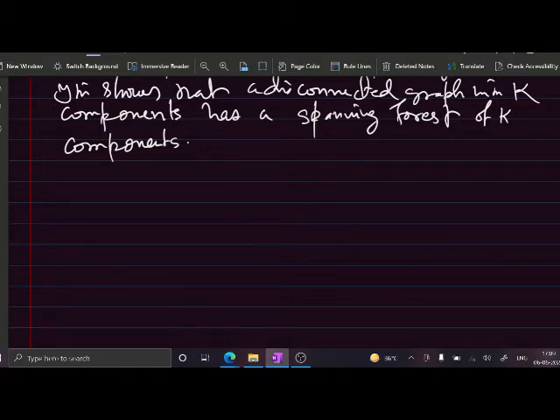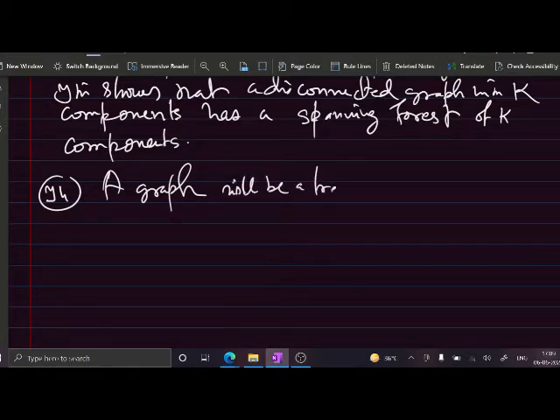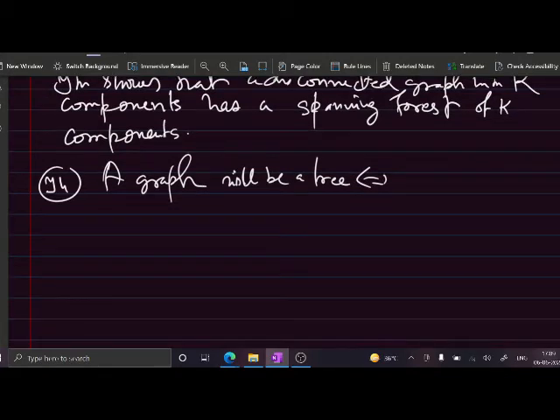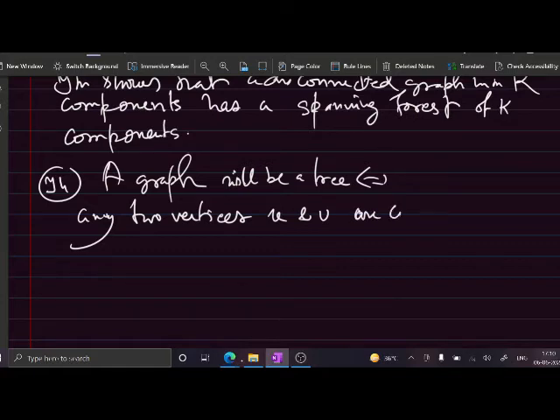There must be some condition through which you can say that the given graph will be a tree, which is evident from our next theorem: a graph will be a tree if and only if any two vertices u and v are connected by a unique path.